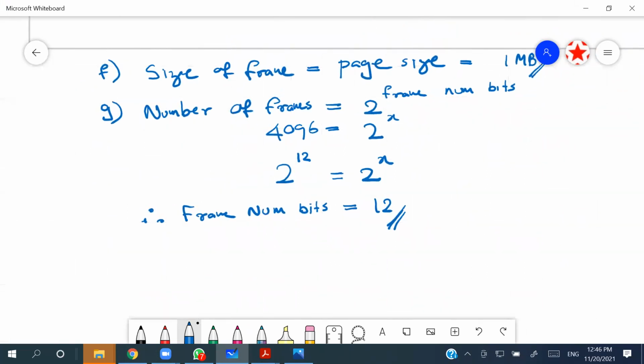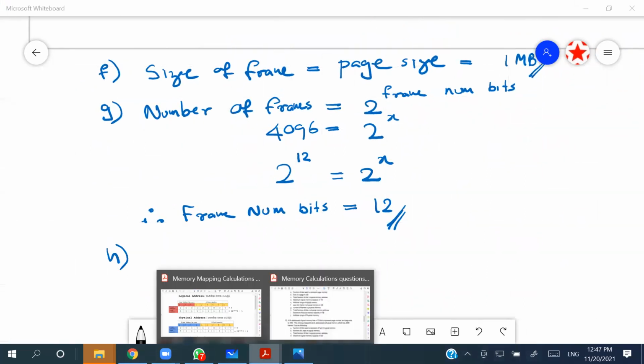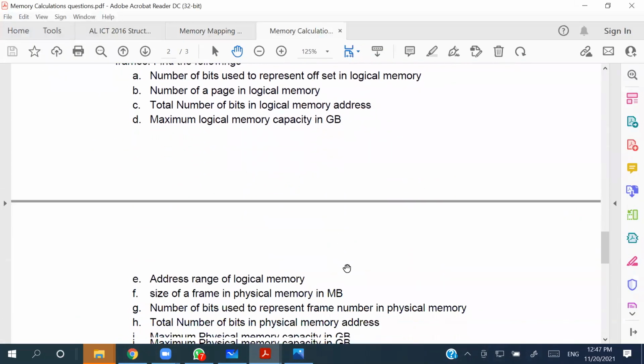Now with that, we can find the total number of bits in the physical memory, right?